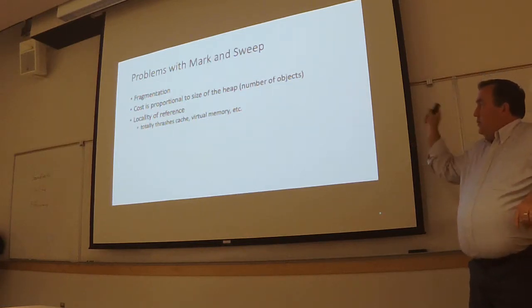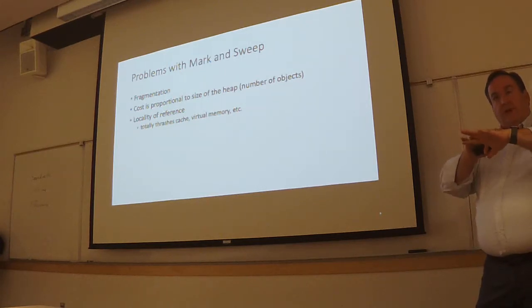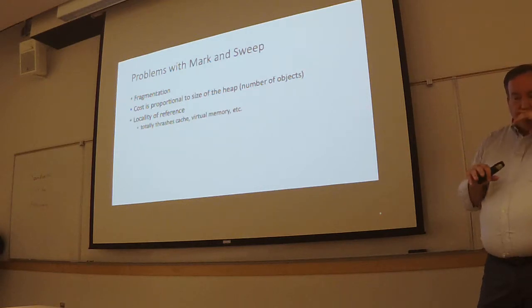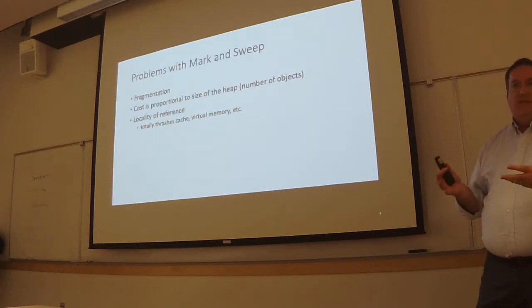The cost is proportional to the size of the heap. During the mark phase you have to visit everything that's live, but during the sweep phase you're visiting everything, live and dead. So the total number of objects is in essence the amount of work.